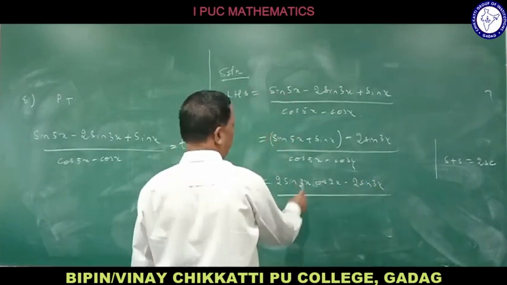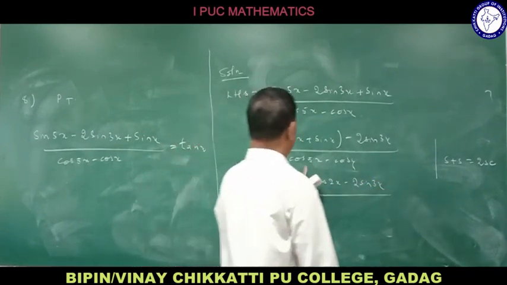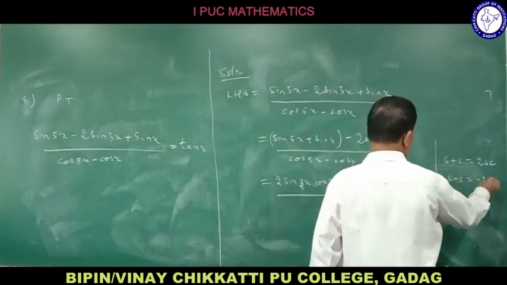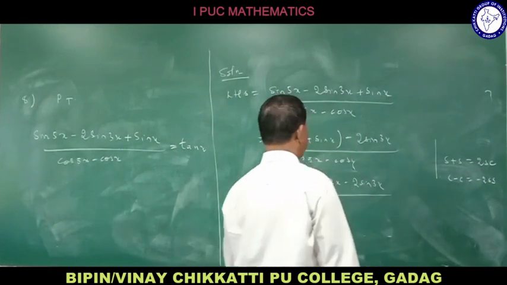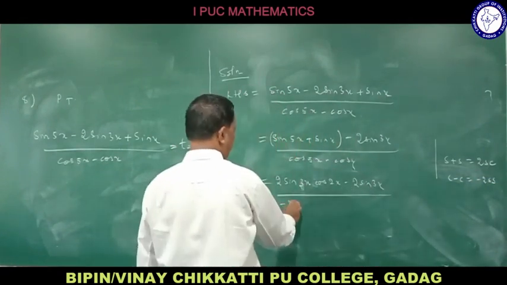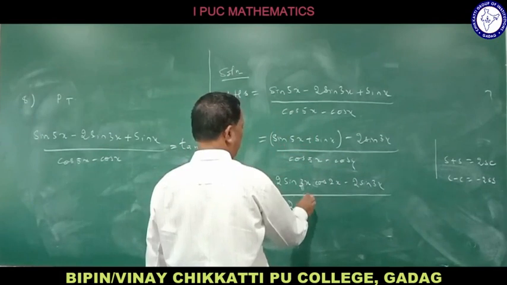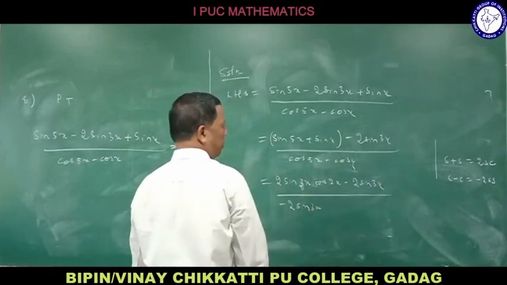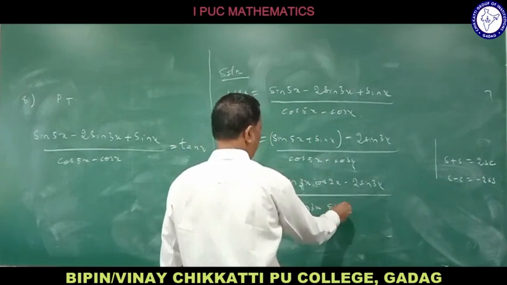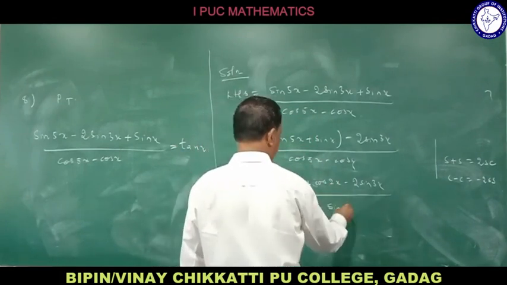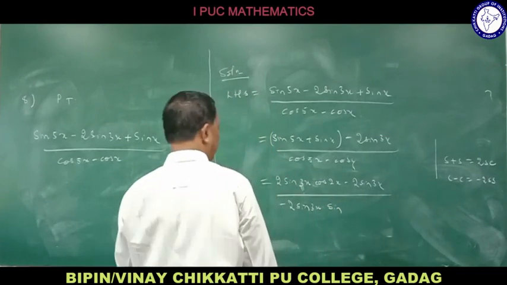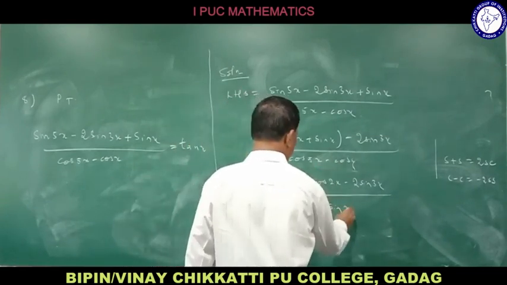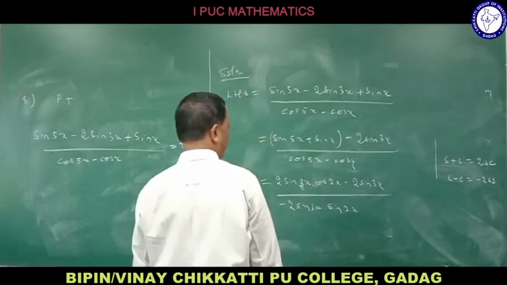C minus C you have to write. C minus C means minus 2 sin S. What is this? Minus 2 sin of (5 plus 1) by 2, that is 3x, and next sin of (5 minus 1) by 2, that is 2x.